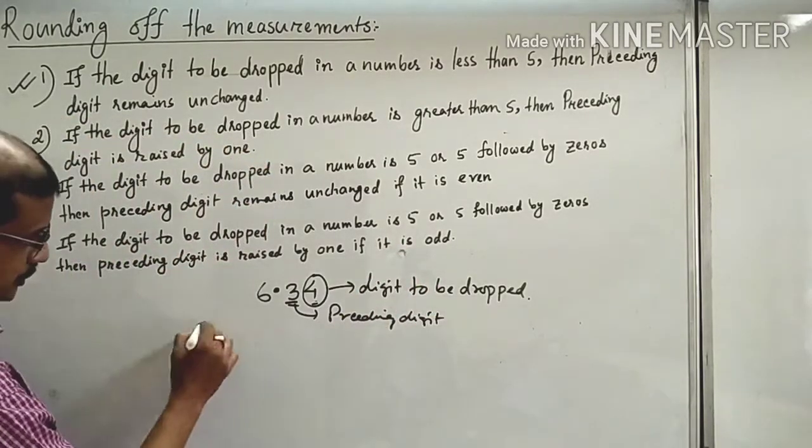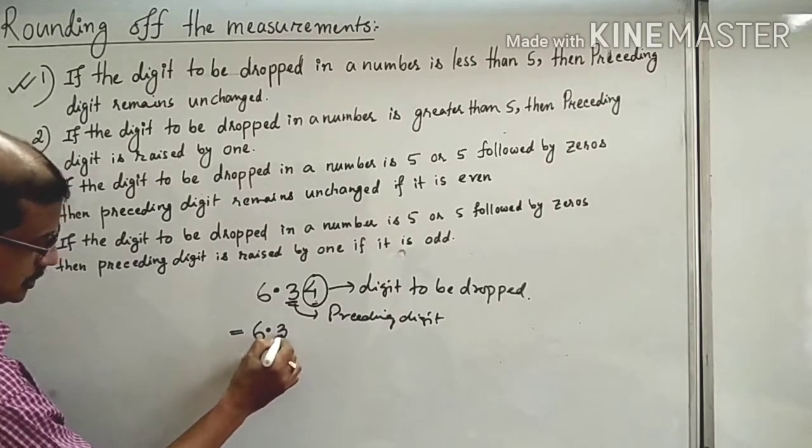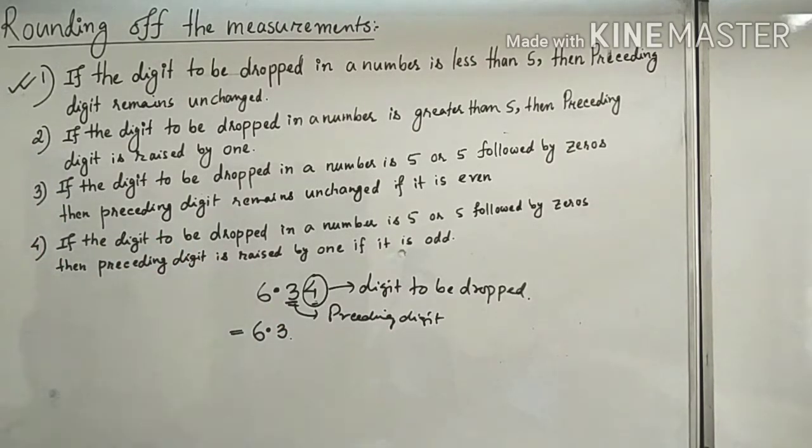So 6.34 rounded off is written as 6.3. Similarly you have another number, suppose 5.73.